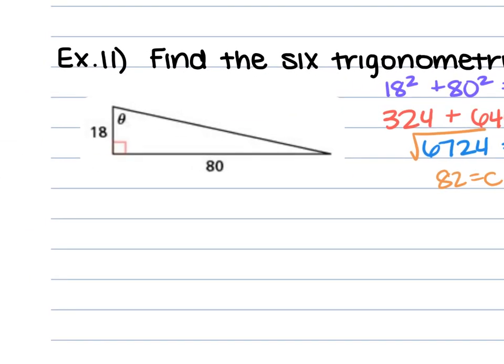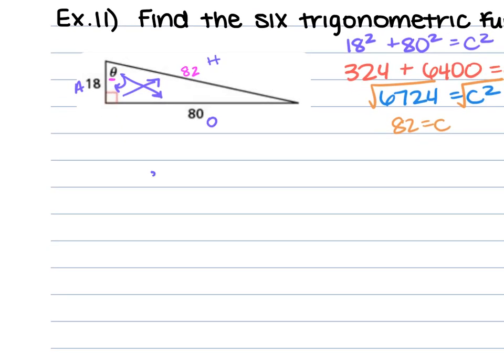So our hypotenuse is 82, our theta is here, our opposite is the 80, our adjacent is the 18, our hypotenuse is this 82. So sine is opposite over hypotenuse. That's going to be 80 over 82. We simplify that, and that gives us 40 over 41.